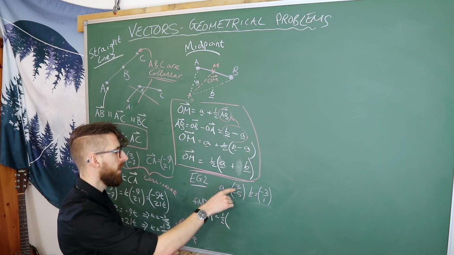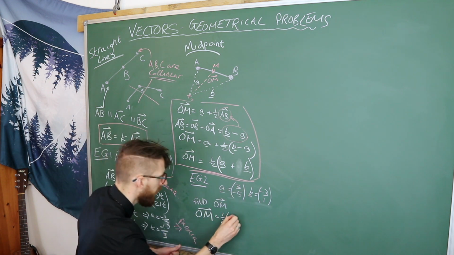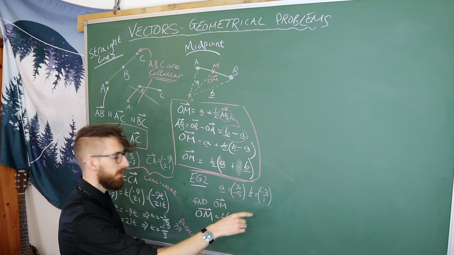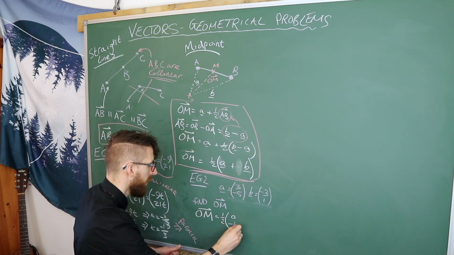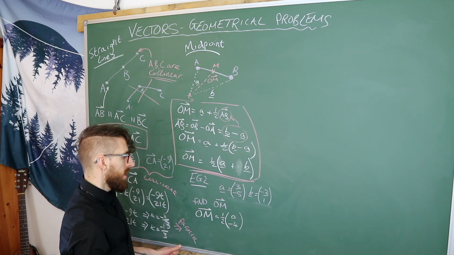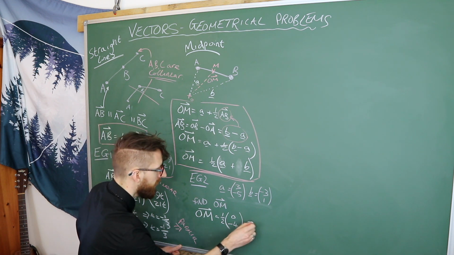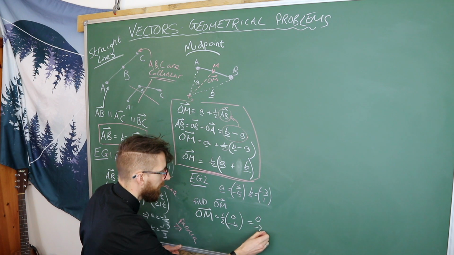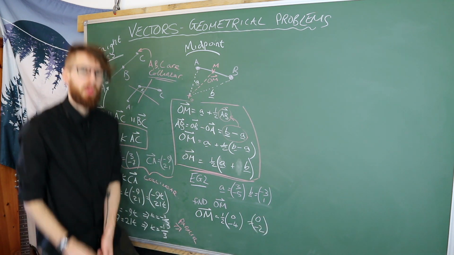Let's just go straight in. 3 add minus 3 is 0. Minus 5 add 1 is minus 4. And then you times that by a half: 0 times a half is 0, and minus 2 on the bottom.